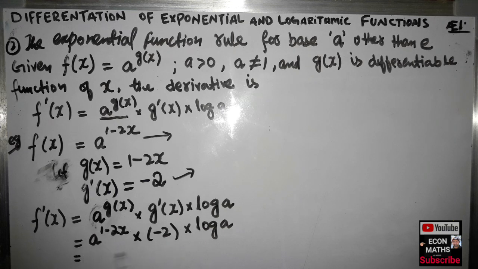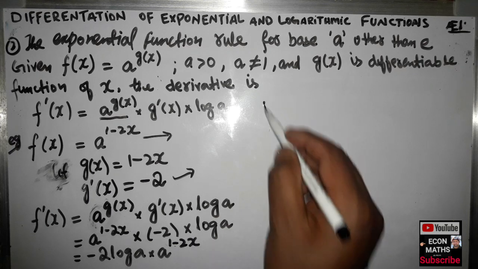So this will become minus 2 log of a times a to the power 1 minus 2x.